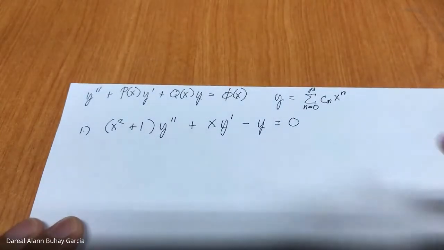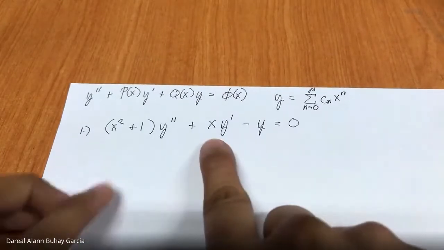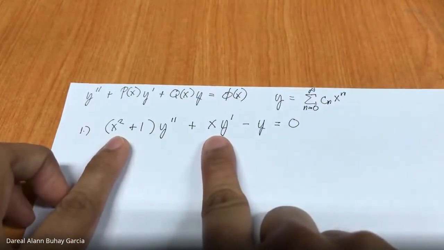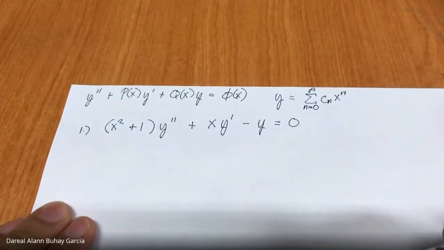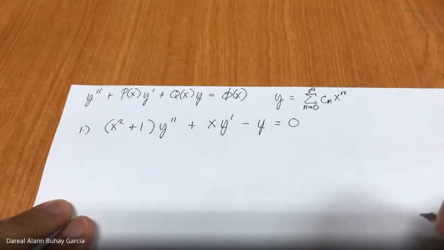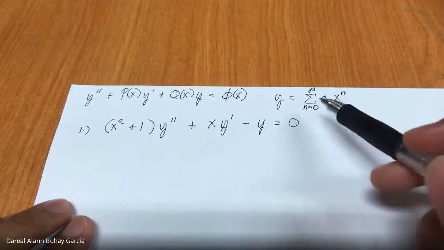Okay, so clearly, we cannot use the method of undetermined coefficients here because the coefficients in our ODE are variable. Okay? One is the given. What do we do?